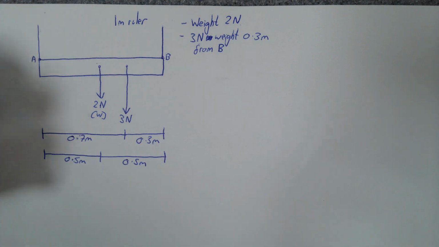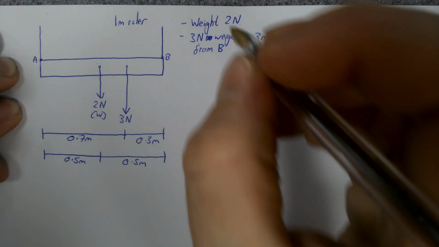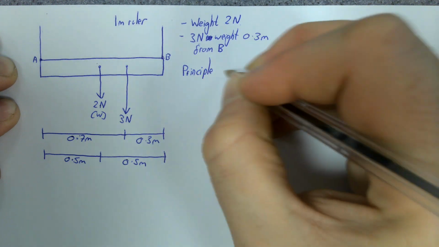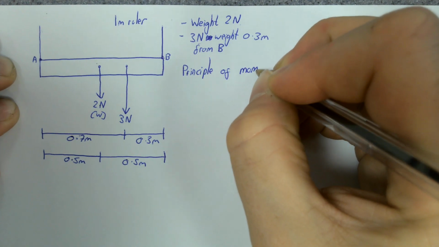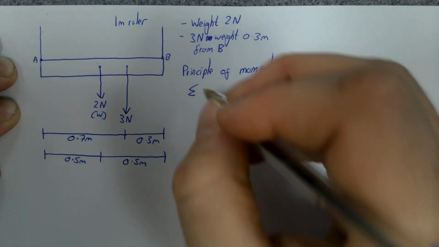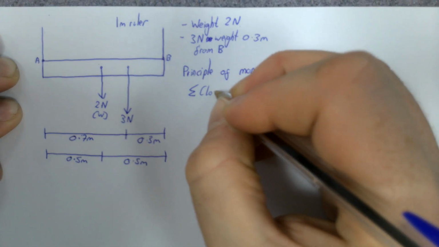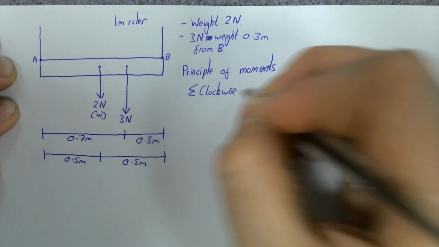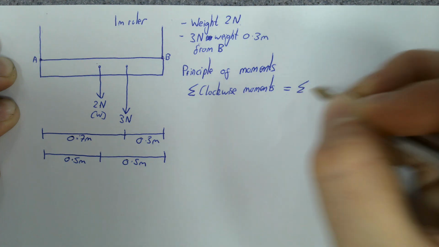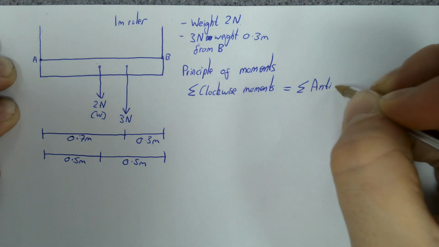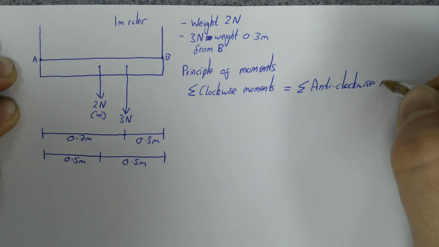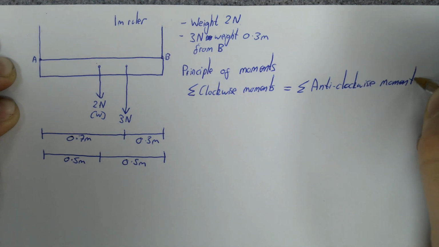Now, how are we going to approach this? We are going to use the principle of moments, which I'm going to write down. That symbol means the sum of clockwise moments equals the sum of anti-clockwise moments.